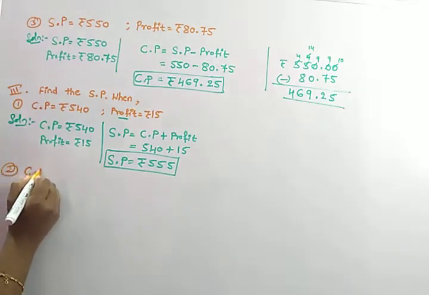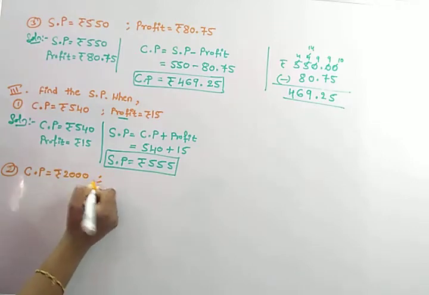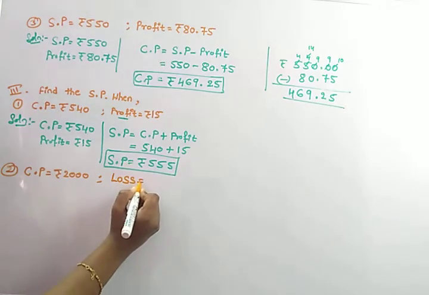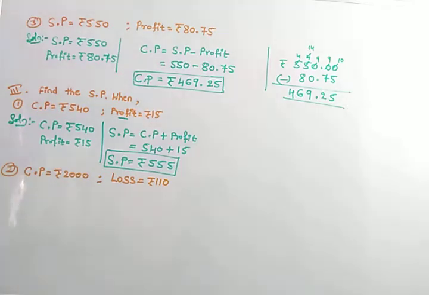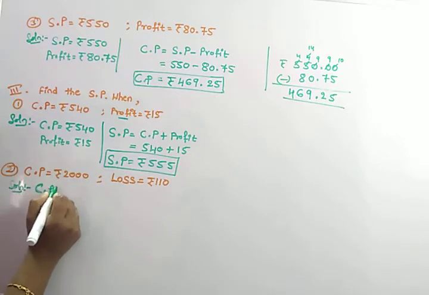The CP is equal to 2000 rupees. Then the loss. So in this problem, loss is given. So don't get confused. Change the formula now. Loss is 110 rupees. So now solution. Write the given data.